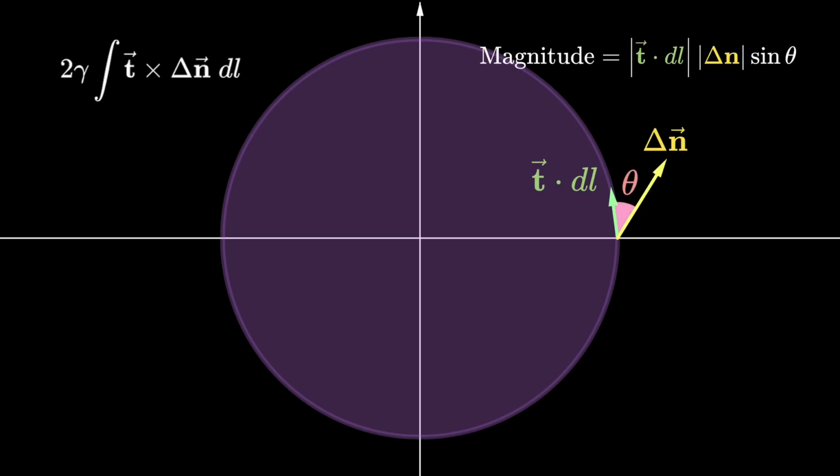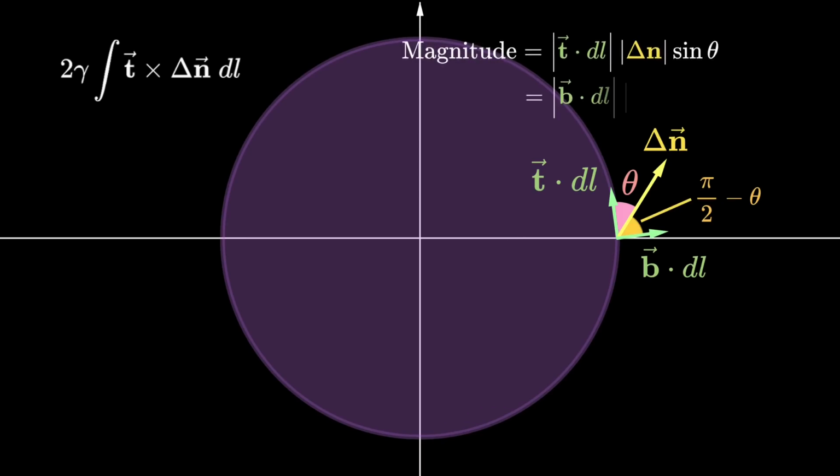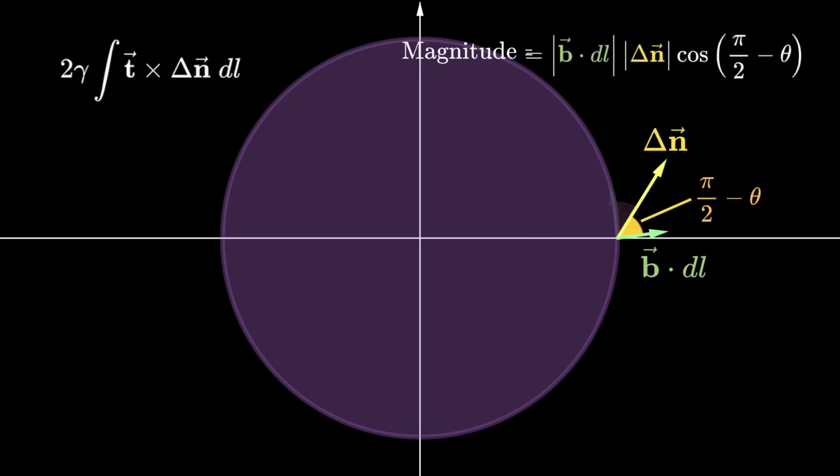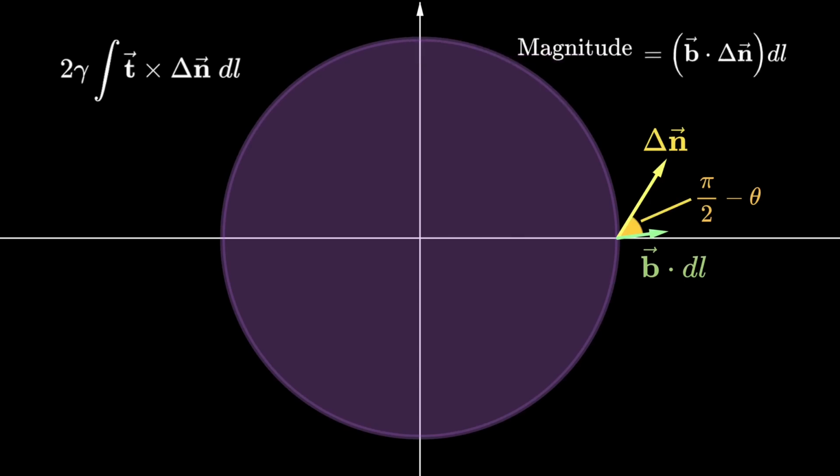Equivalently, if we define a vector b perpendicular to this boundary, then because the angle between delta n and b is now pi over 2 minus theta, we can rewrite the magnitude as the product of the lengths and cosine of this included angle. In other words, this magnitude can be rewritten as the dot product of b and delta n times dl. So that's the magnitude of the vector.